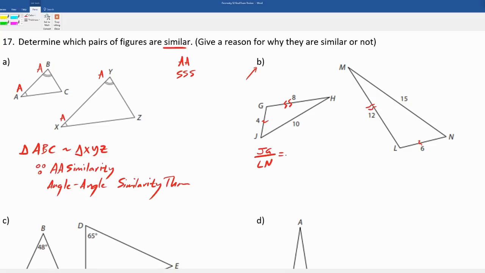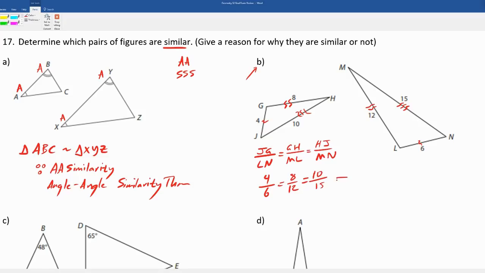So GH or HG should be proportional to ML, as is the third longest side length, which is HJ or JH to MN. So JG was 4, LN was 6, GH was 8, ML was 12, HJ was 10, MN was 15.